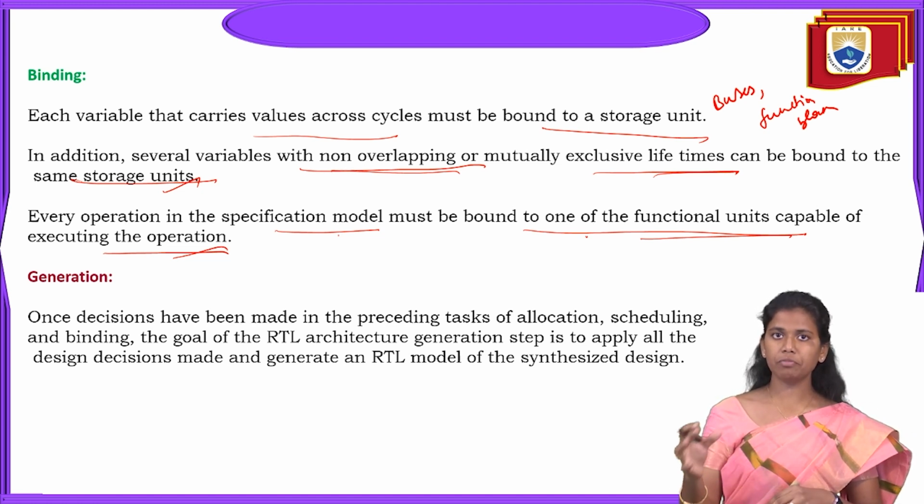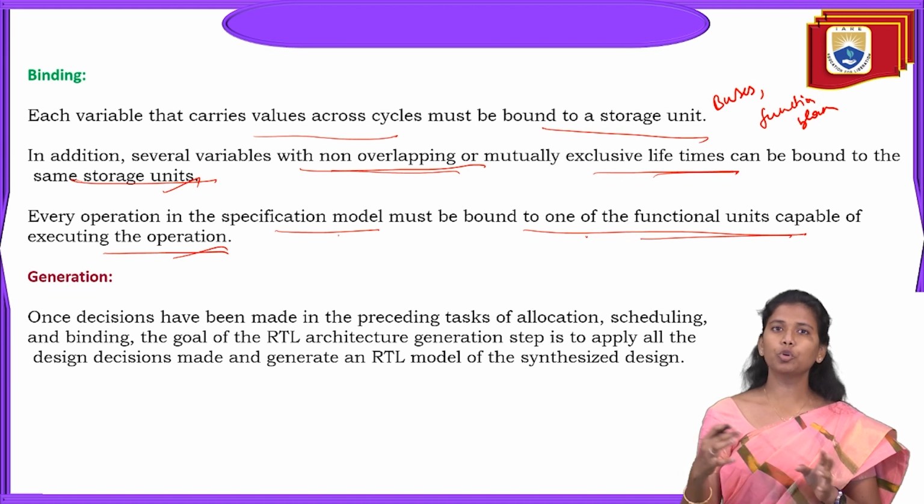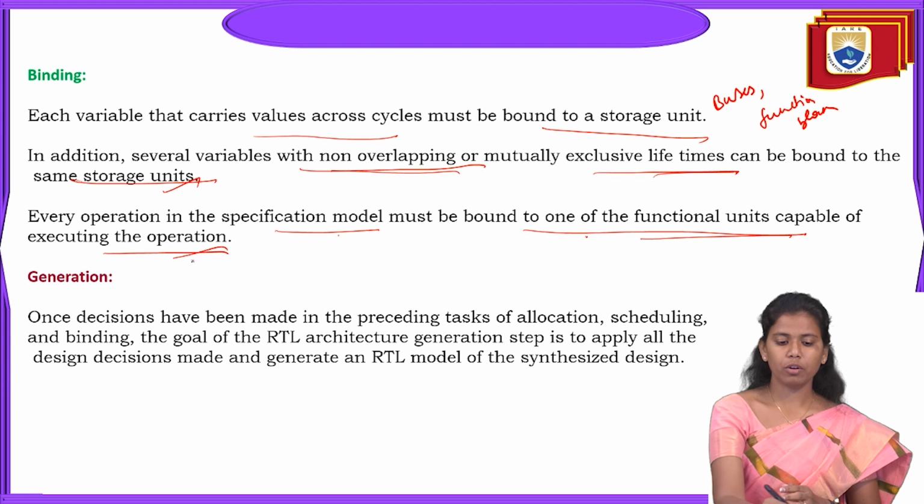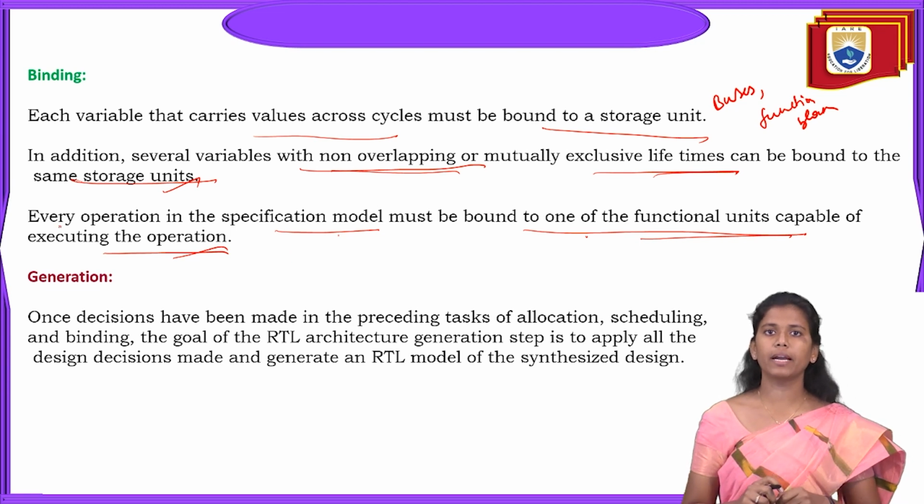That means we have to ponder whether that functional unit is capable of being bound to the storage units or not. Before binding, you have to think about whether the functional unit you are considering is able to bind it or not. This is one of the important points to remember in the binding process.